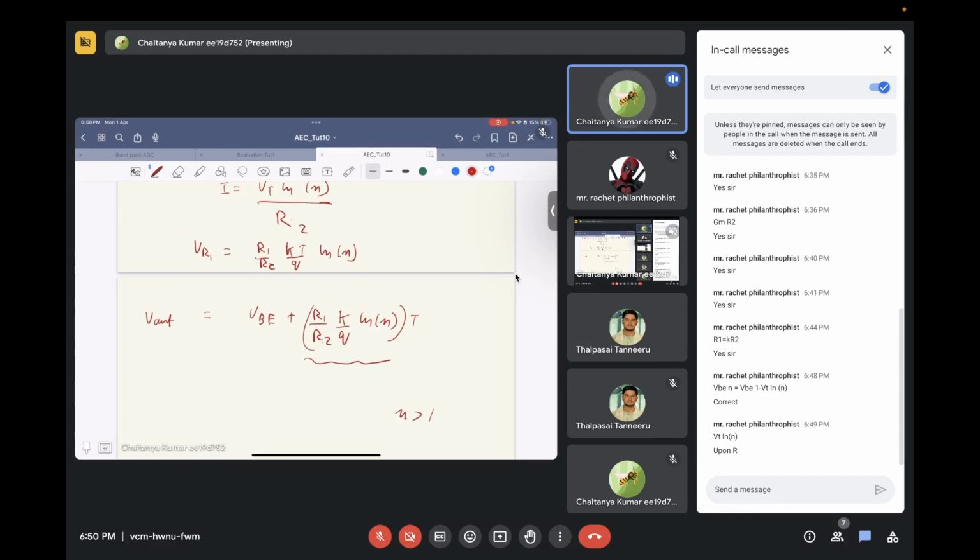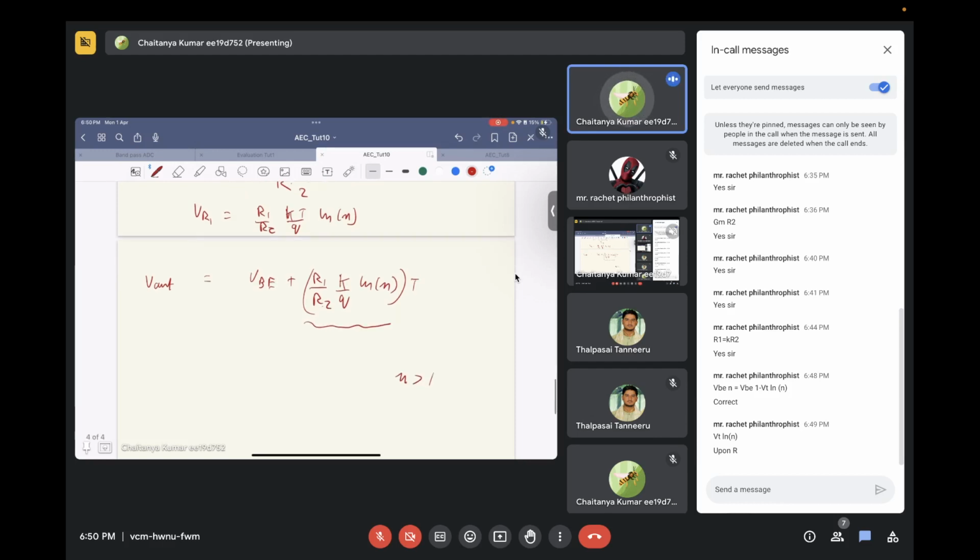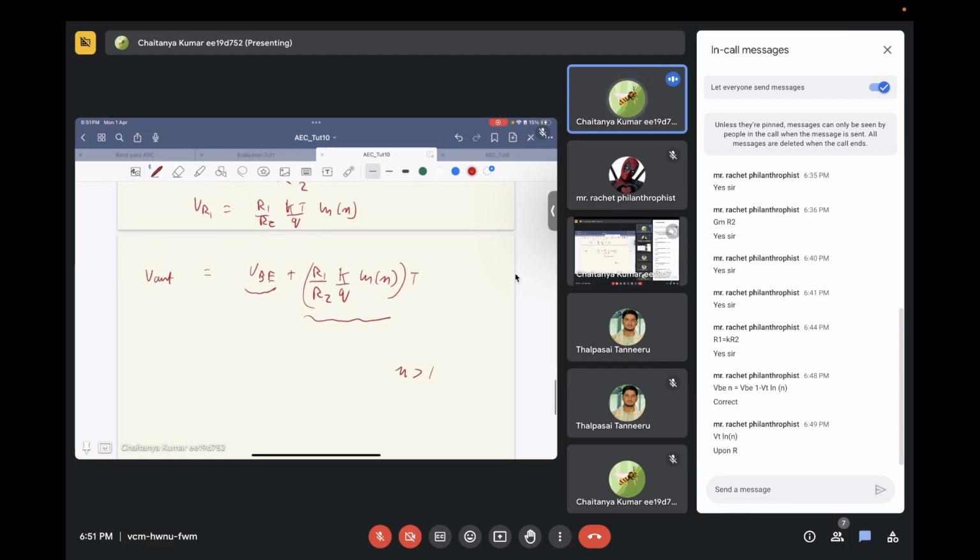Now if you differentiate it with respect to temperature, you get this as minus 2 millivolt per Kelvin, and this you get as R1 by R2 into K by Q times ln n.